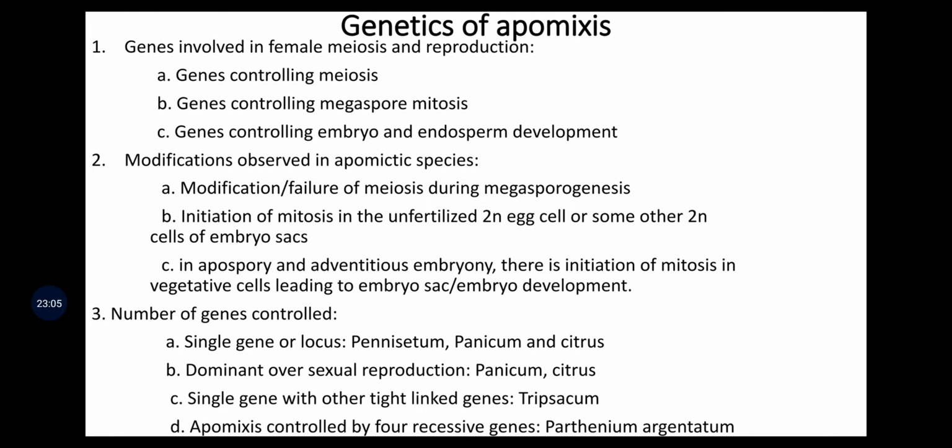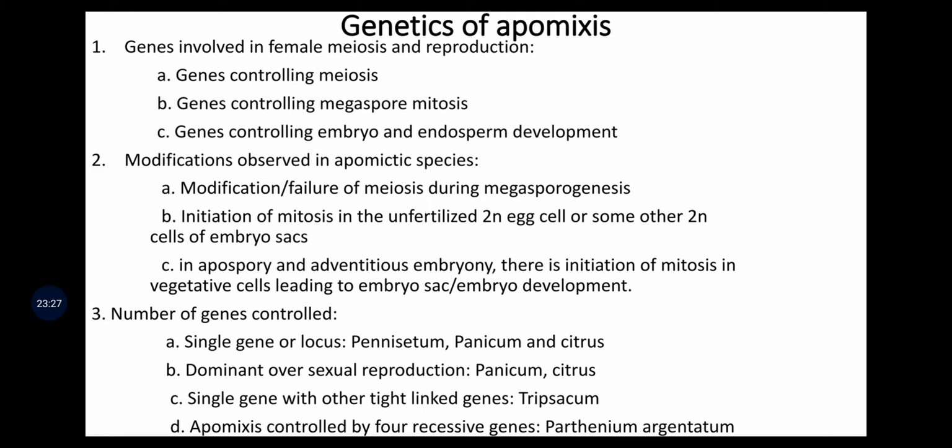Now we shall discuss the genetics of apomixis. The genetics is further divided into classifications based on genes involved in female meiosis and reproduction, that is observed through genes controlling meiosis, genes controlling megaspore mitosis, and genes controlling embryo and endosperm development.